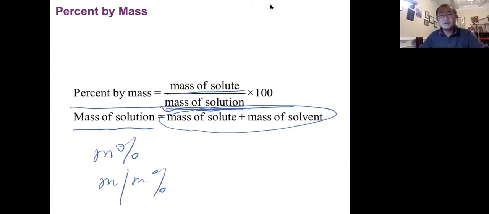That's called mass percent. Again, the unit for mass can be anything as long as the masses are consistent: grams over grams, kilograms over kilograms, milligrams over milligrams, doesn't matter. Must be consistent. Yesterday, when you did the gas law, one volume was 1 liter and another was 500 milliliters.